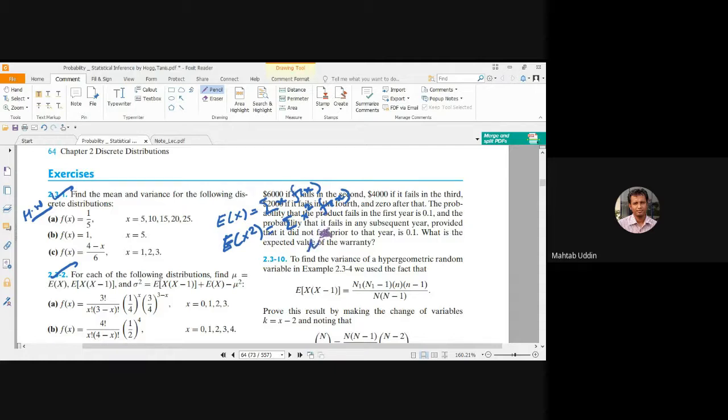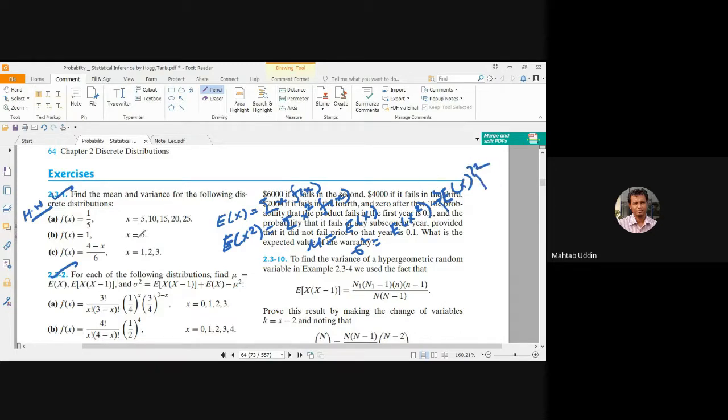Then write mu equal to expectation of x, sigma square equal to expectation of x square minus expectation of x whole square.